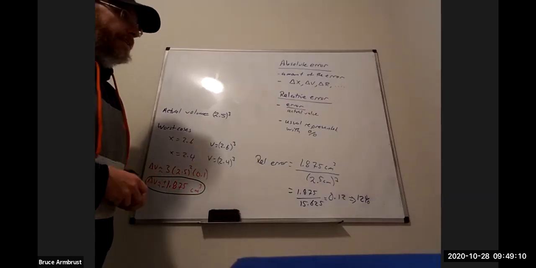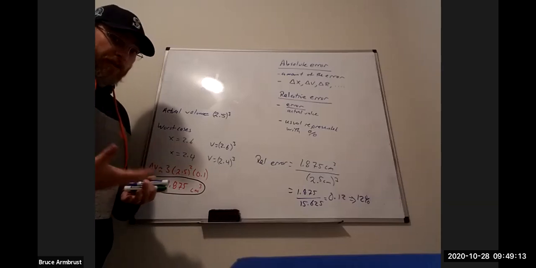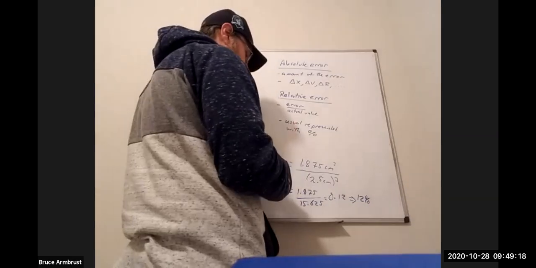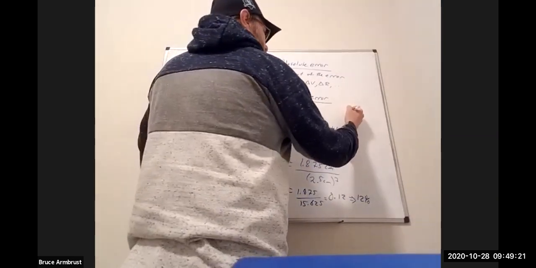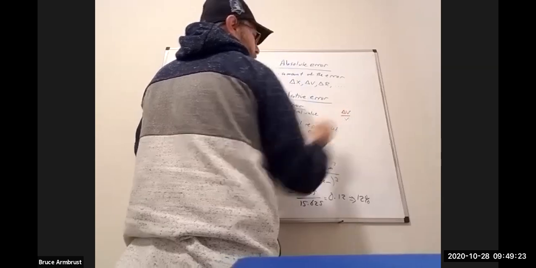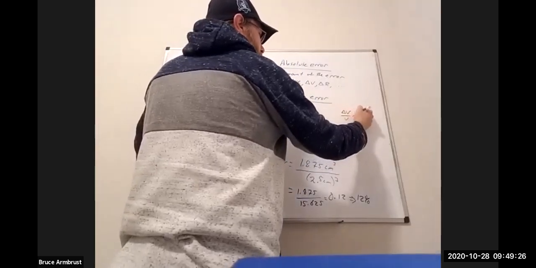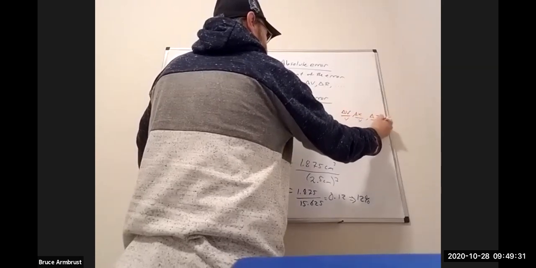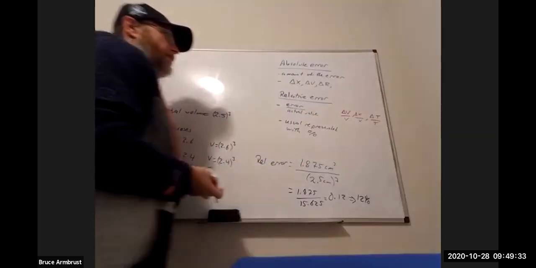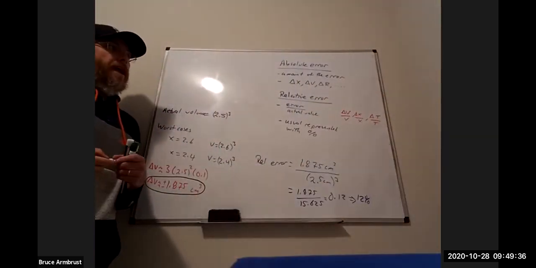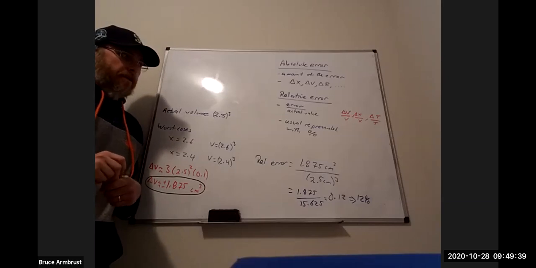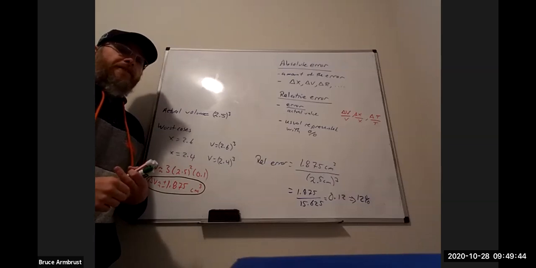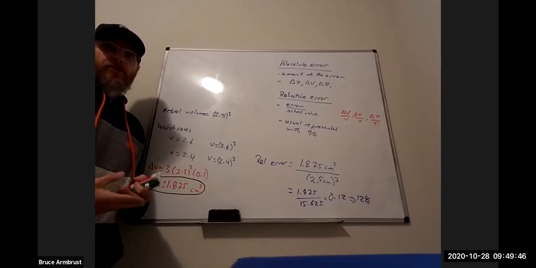Okay, in the context of the symbols, relative error is going to look like this: dV over V, or delta x over x, or delta t over t, etc. So now you don't have just your differential piece, your delta piece, but you're dividing it by the actual amount.